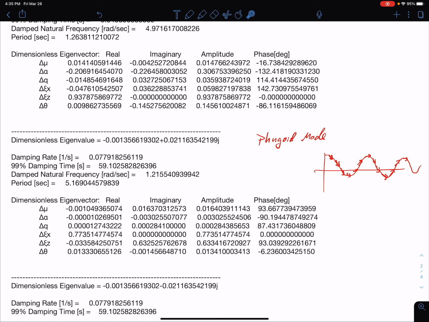You feel this roller coaster type ride where the aircraft really isn't pitching rapidly, but it is changing its elevation angle. Okay, so this is a phugoid mode, and this is an interchange between translational kinetic energy and potential energy.